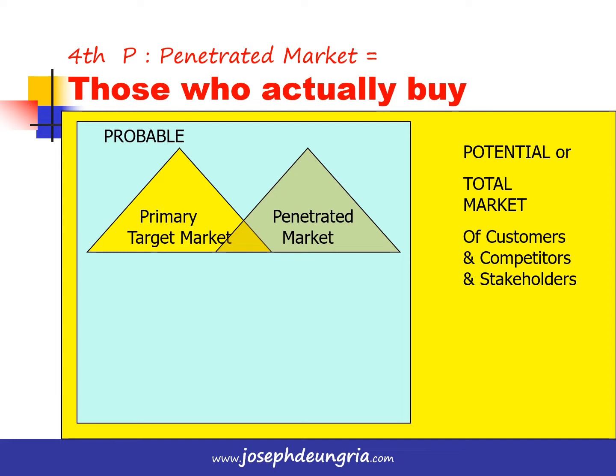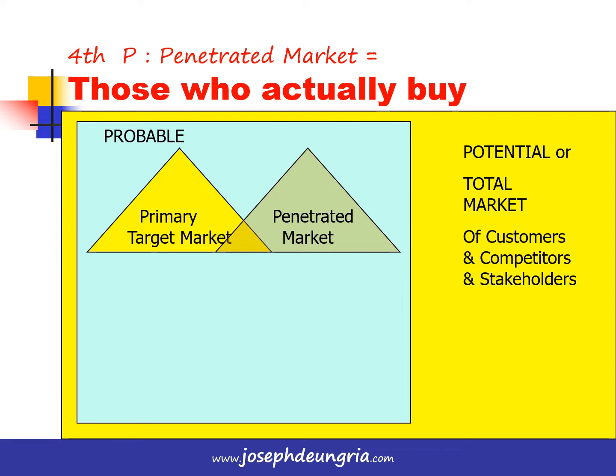So here, if you're very good in targeting, there's a very big overlap in the penetrated and primary target market. If you're bad in targeting, here is your primary target market, and the people who actually buy are here. Di ba? You don't hit. All your efforts are wasted.